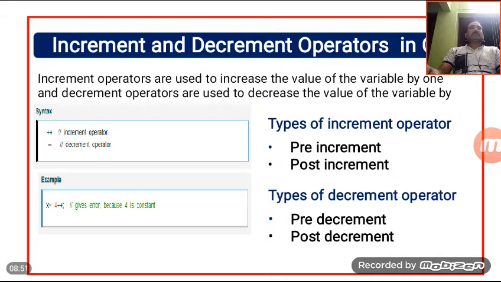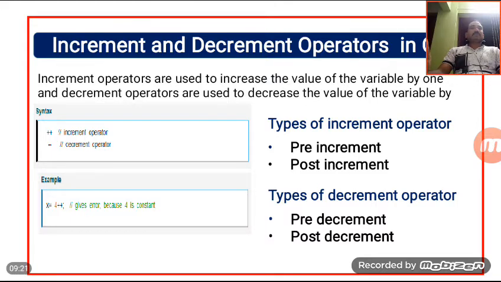The general format of increment and decrement operator is as shown. Double plus sign is an increment operator and double minus sign is a decrement operator. Note that increment and decrement operators cannot be applied on a constant. The example shows when we use a constant it will give an error.